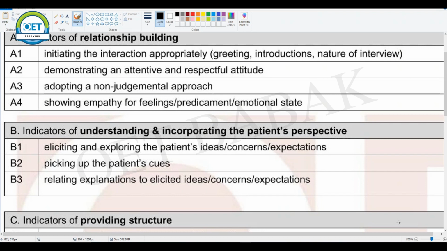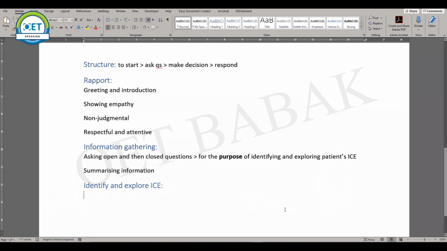So what is a cue? Well, you know how to pick up a cue, but basically, if the patient mentions a third person, it's usually a cue. So a neighbor, my wife, or my friend. I had a friend who had this.